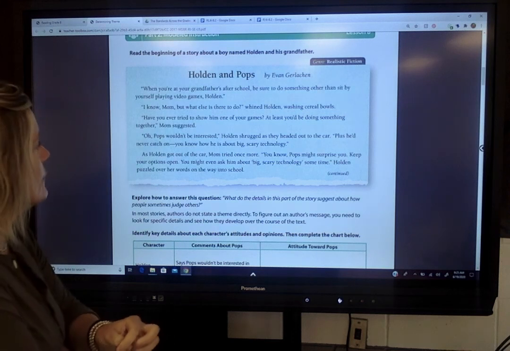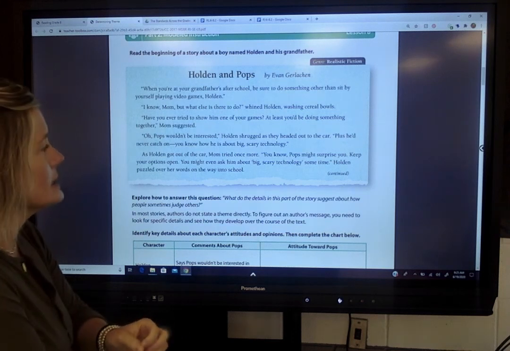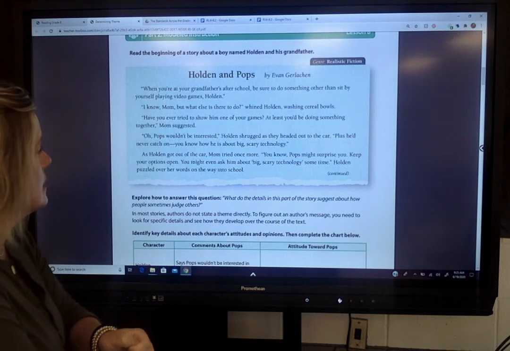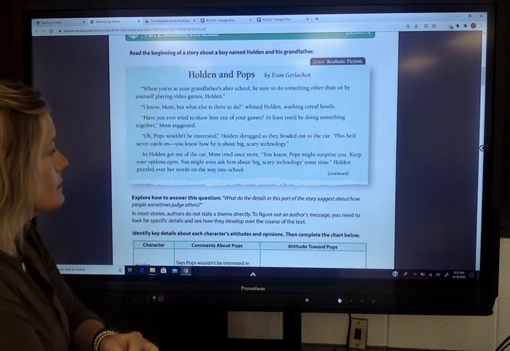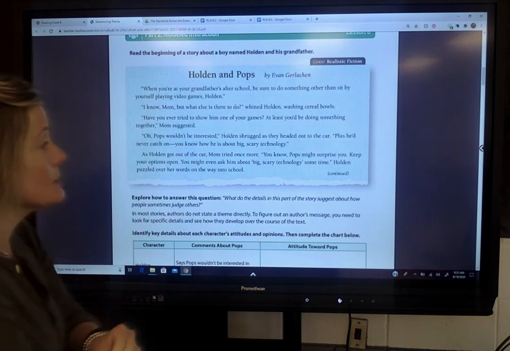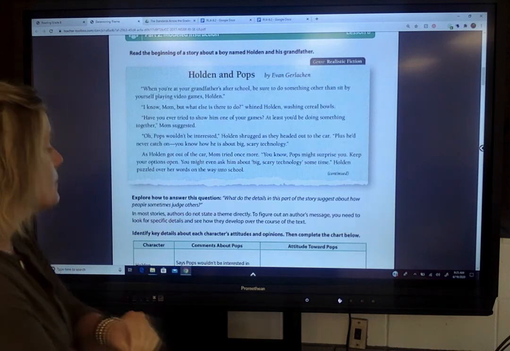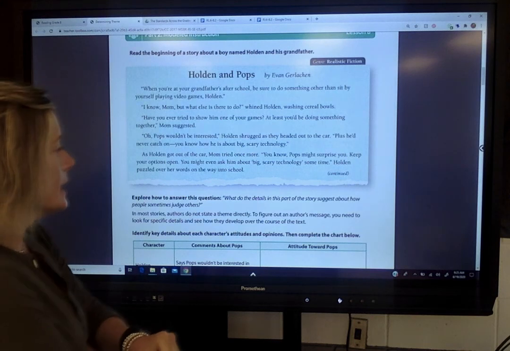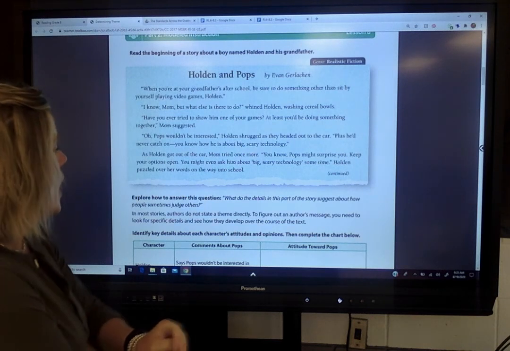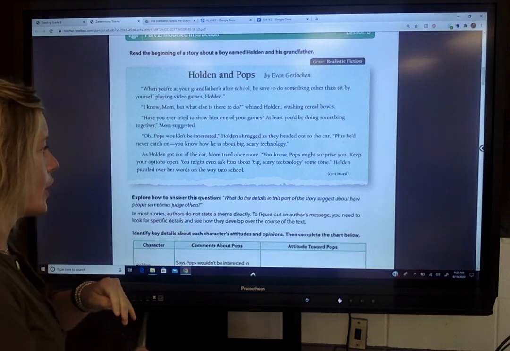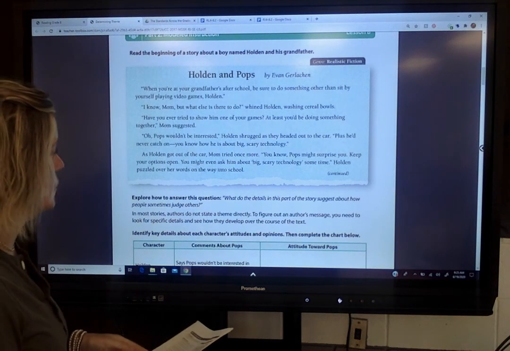Plus, he'd never catch on. You know how he is about big, scary technology. As Holden got out of the car, Mom tried once more. You know, Pops might surprise you. Keep your options open. You might even ask him about big, scary technology sometime. Holden puzzled over her words on the way into school.